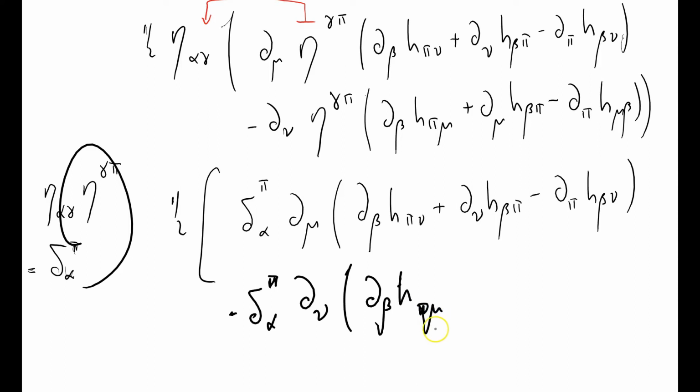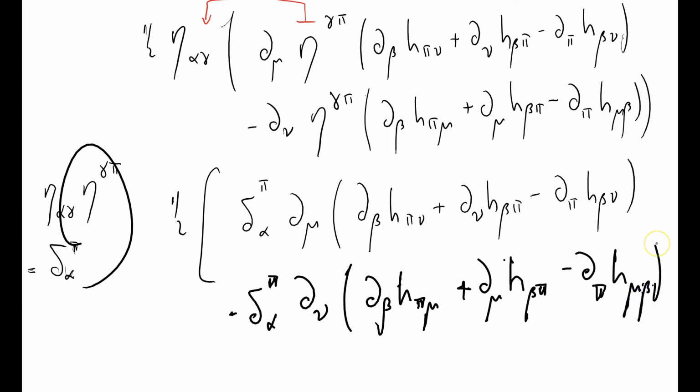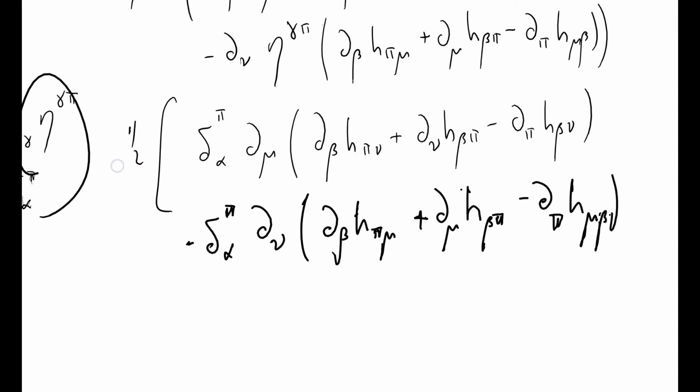Mu plus di, this term here, mu h beta pi minus h beta pi minus di pi, and then this term is h mu beta. It's looking a bit rocky, but anyway.